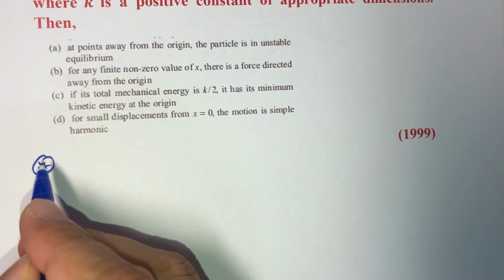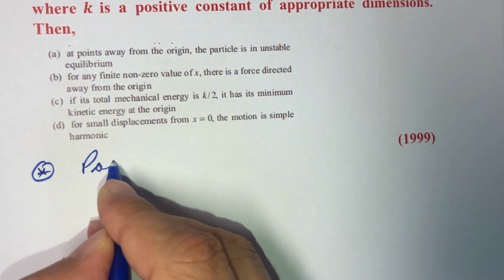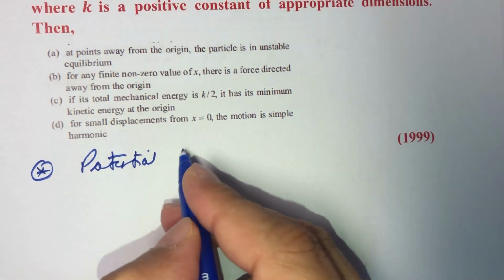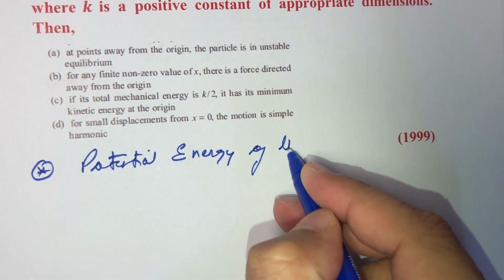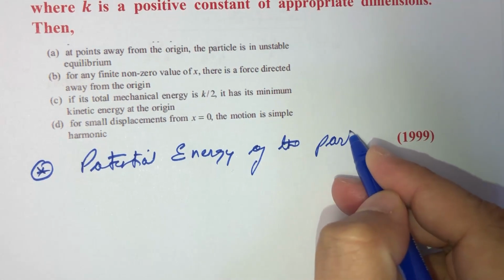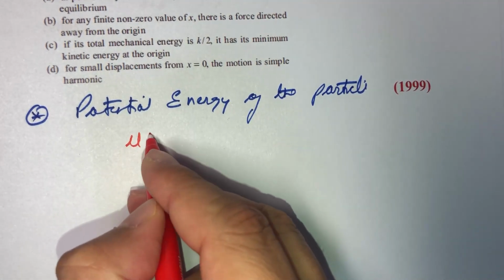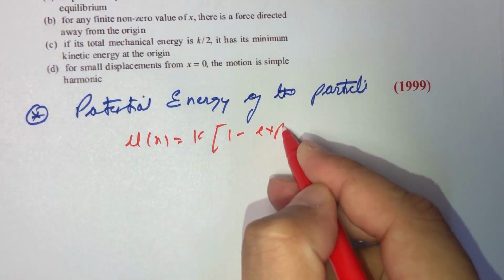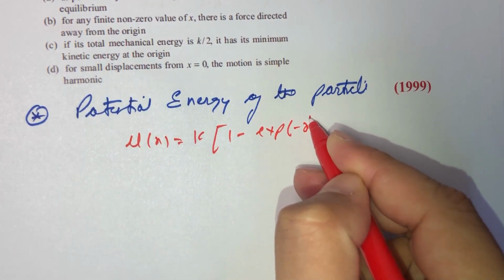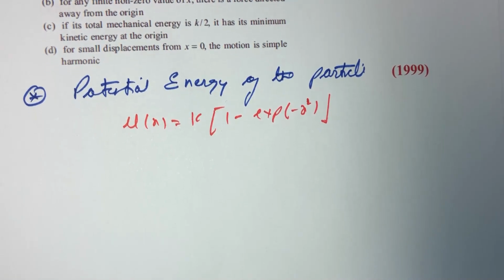First of all, we are given that the potential energy of the particle is governed by U of x is equal to k times (1 minus exponential of minus x squared). So let us find out whether option A is correct or not.